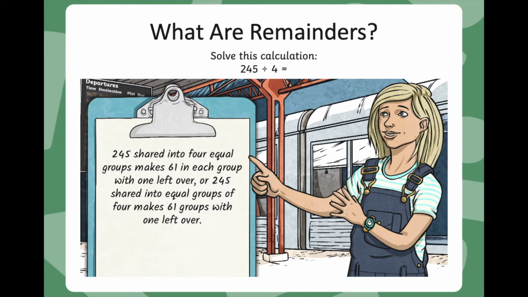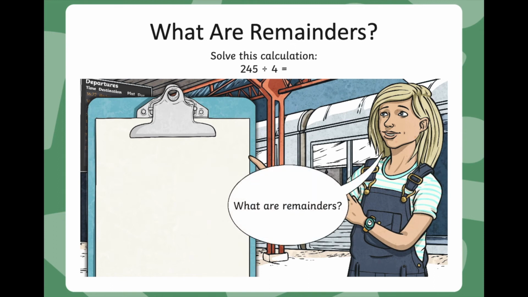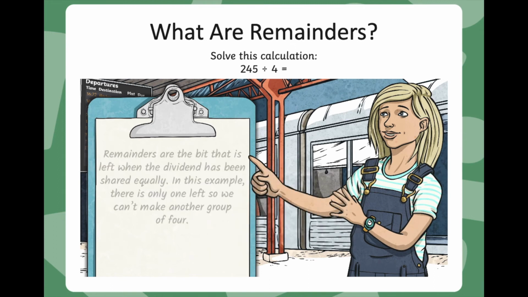Or 245 shared into equal groups of 4 makes 61 groups with 1 left over. What are remainders? Remainders are the bit that is left when the dividend has been shared equally. In this example there is only 1 left, so we can't make another group of 4.